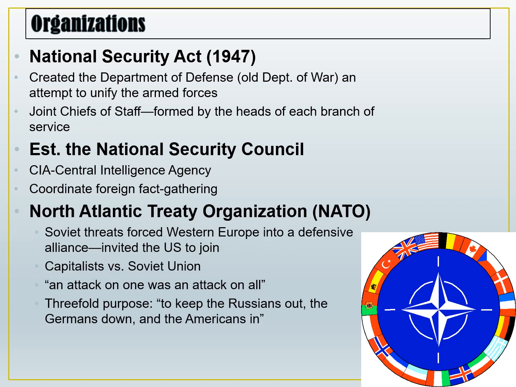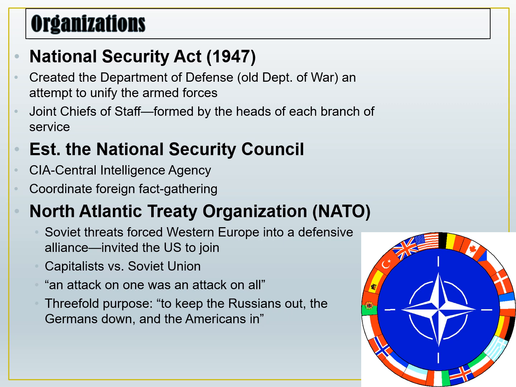And the United States will also then join the North Atlantic Treaty Organization, or what we call today NATO. The Soviet threat to Western Europe was such a threat that the United States realized it had to be there to try to protect. And this became kind of a capitalist versus Soviet Union standoff.